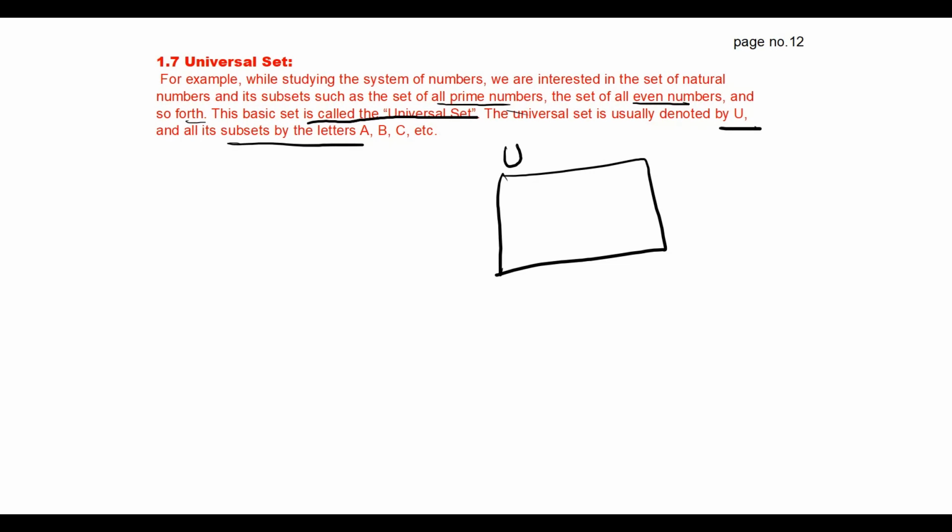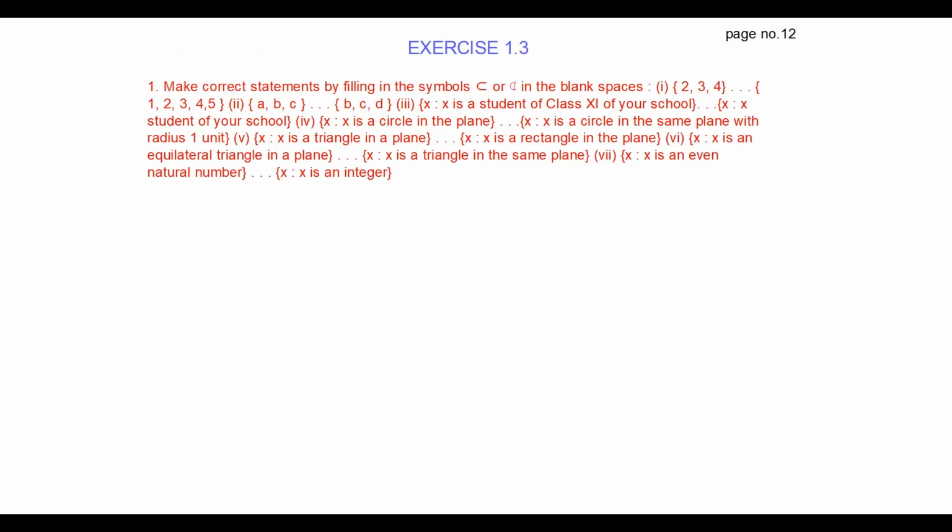The basic set which contains all the elements, we call a universal set, and we represent it by capital U. In a Venn diagram, it is represented by capital U. Here A is a set which contains 1, 2, and the universal set contains 1, 2, 4, 5 and 3. So the universal set will contain all the other sets in it.